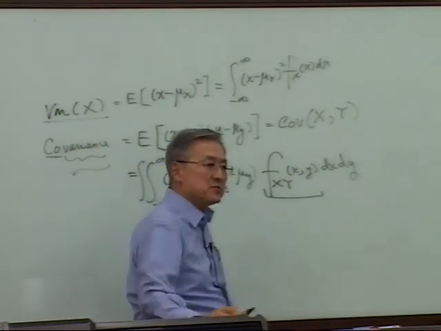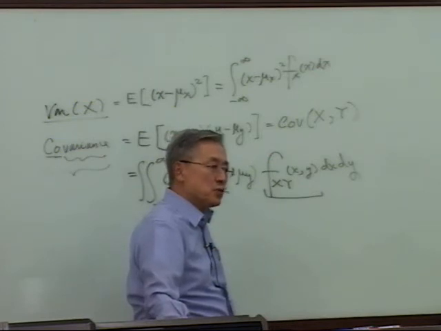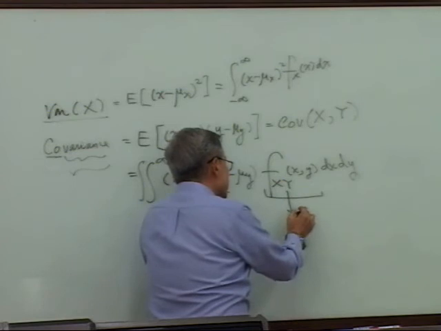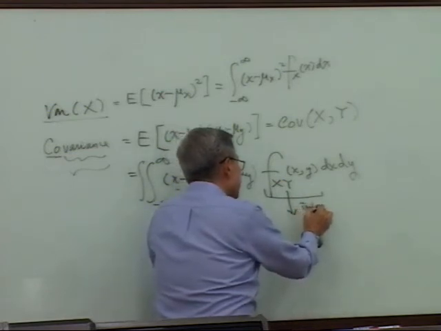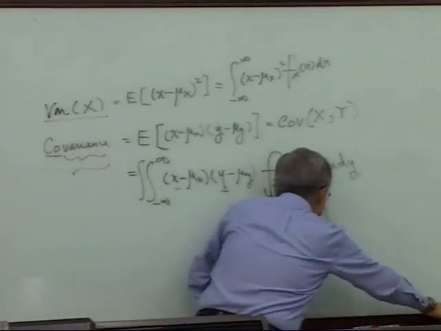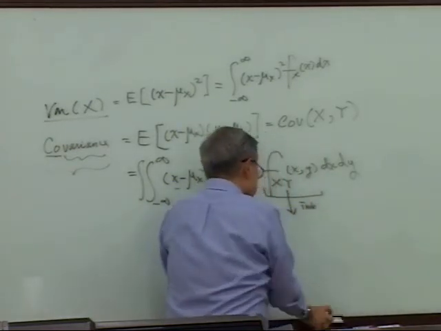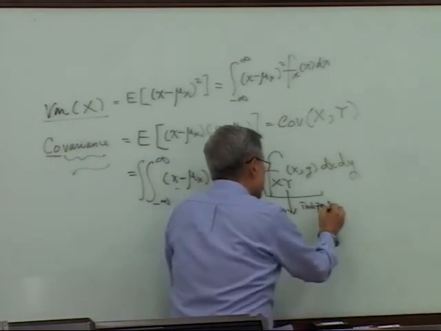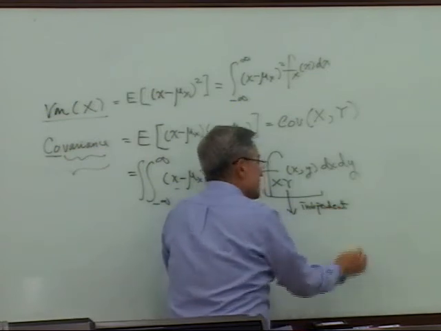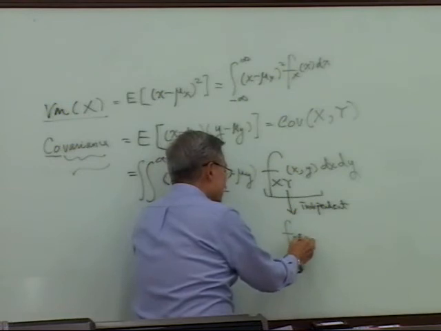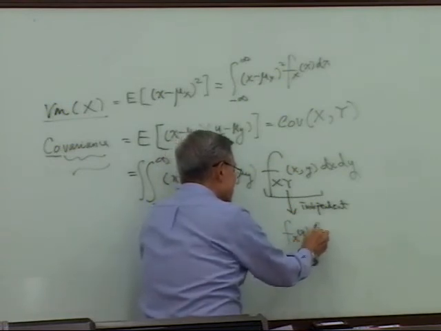In this case, it's a 2-variable joint probability density function. If it is independent, what to expect? Then this is equal to f x of x times f y of y.